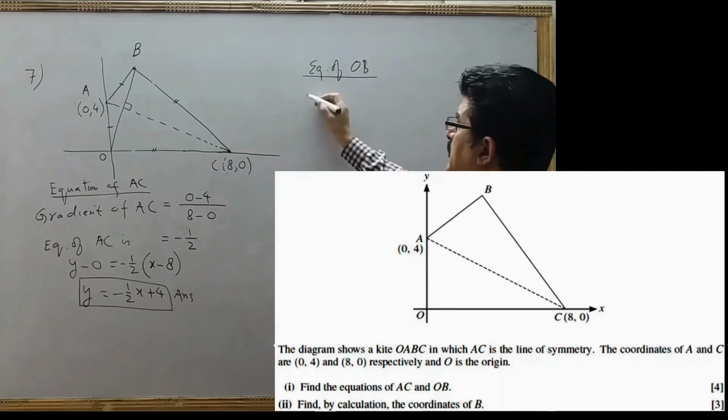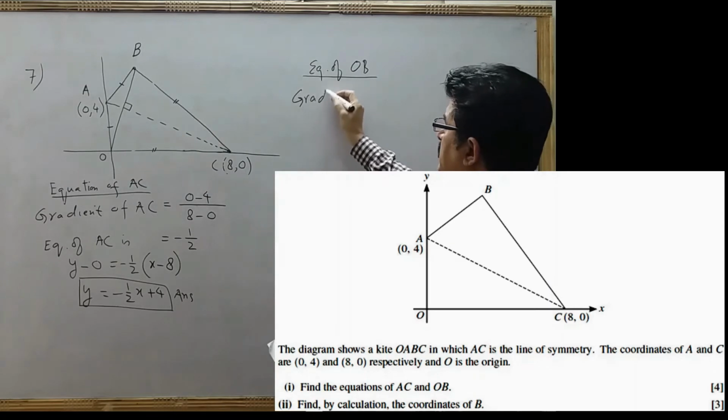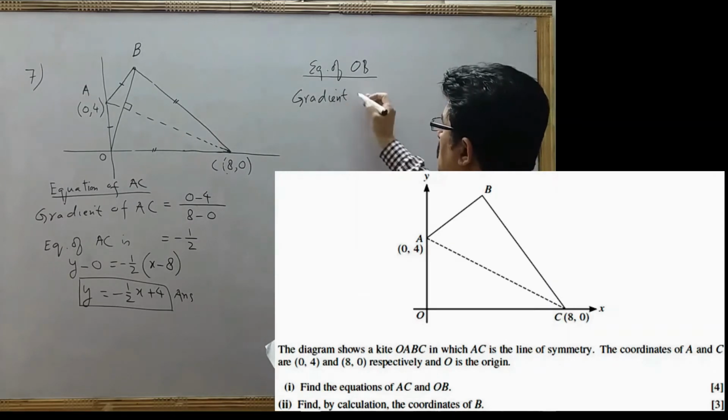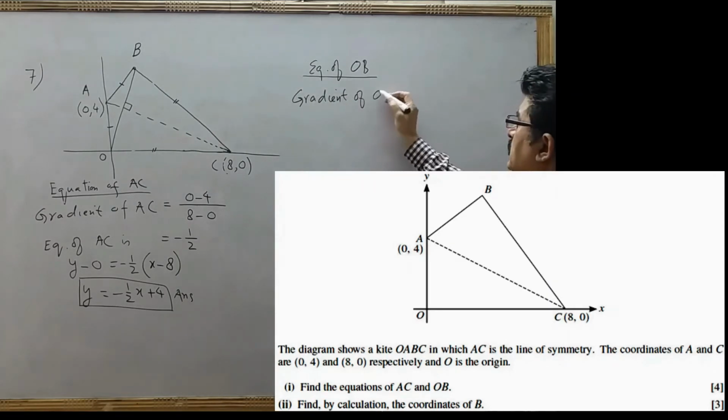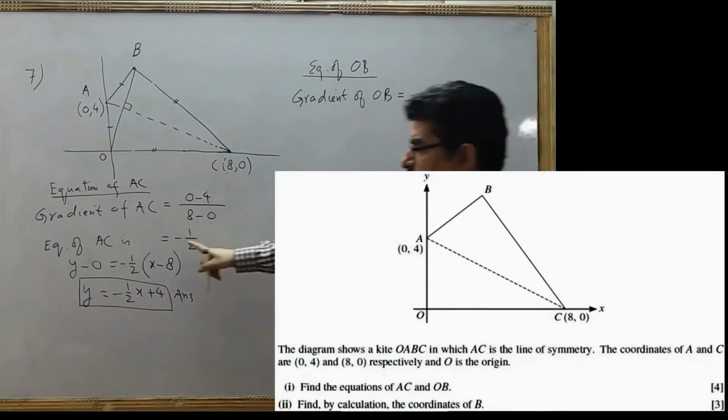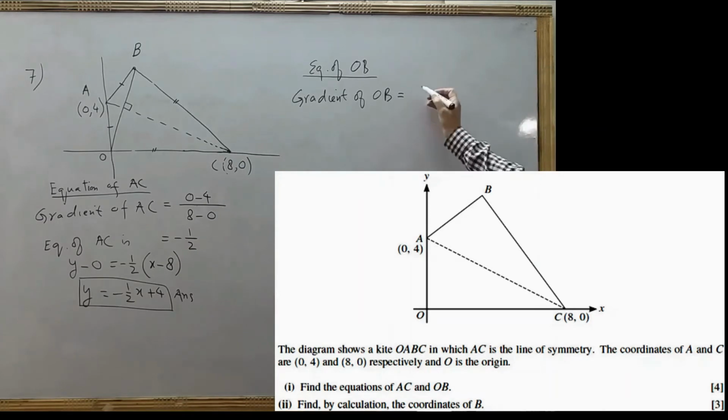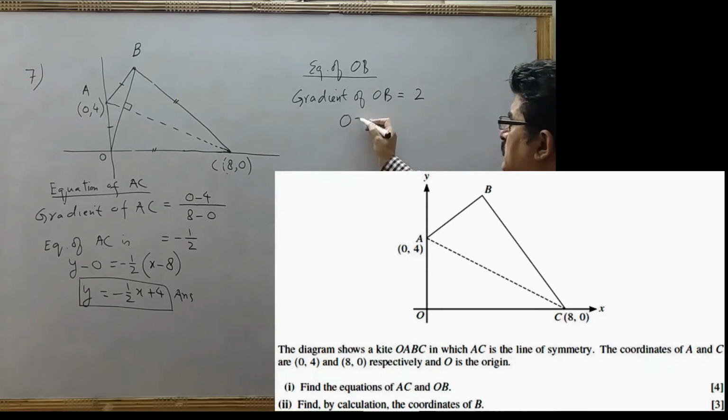As diagonals are perpendicular, so gradient of OB will be minus reciprocal of this, so it will be 2. Now use the point origin.